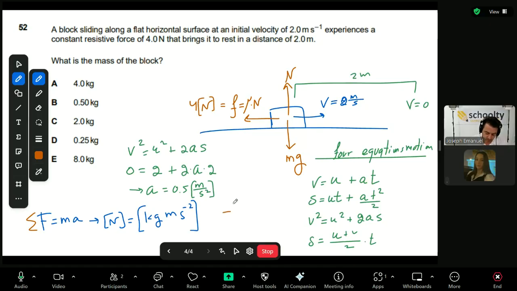So you have here minus 4 Newton equals M kilogram. M we don't know. A we know, which is half, and also the A is minus, the vector also minus, because it's the opposite direction of the motion. So M equals 8 kilogram, and this is 8 kilogram. It is E.